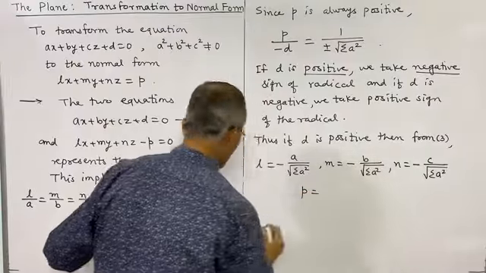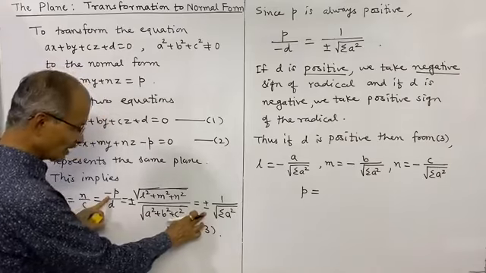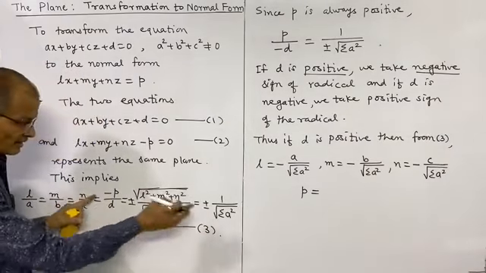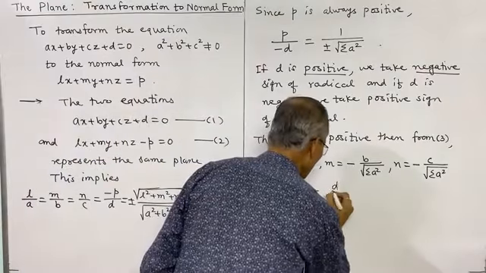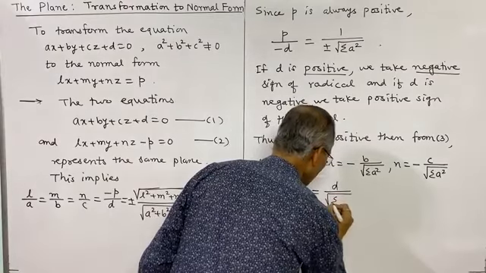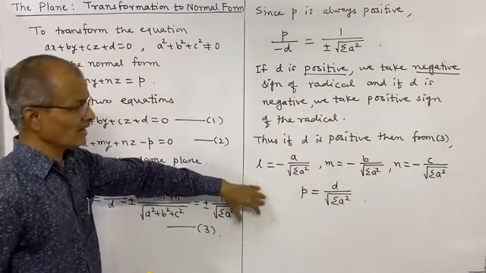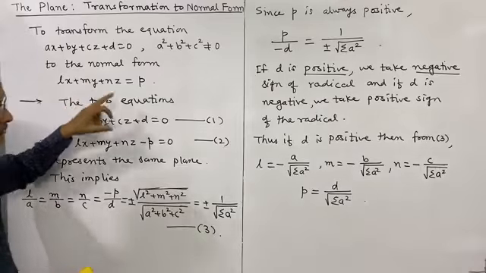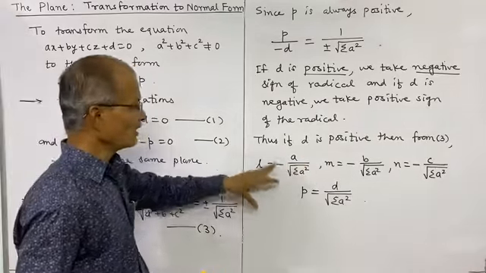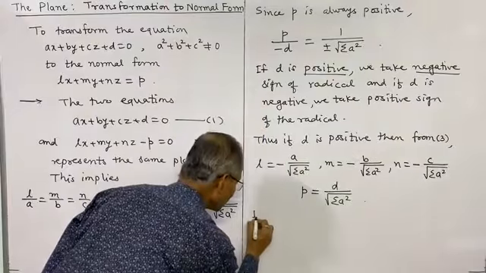P is equal to, now you see the right side is also negative, we have to take the negative sign of this, and this negative sign cancels and we get positive D divided by the square root of summation A square. So these are the values of L, M, N and P in the normal form when D is positive. And if D is negative, we will have to write the other set of values.